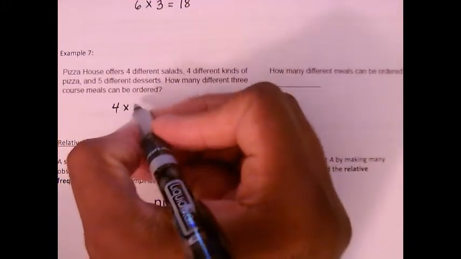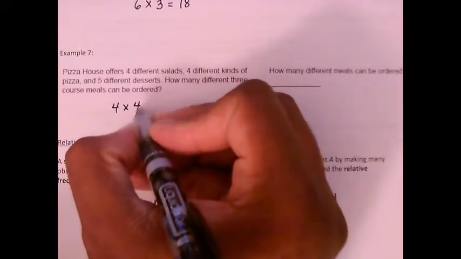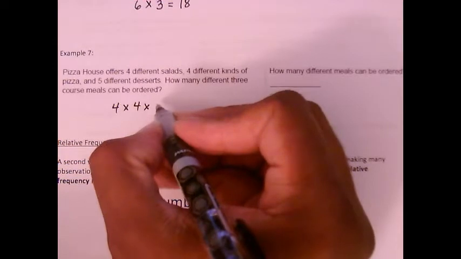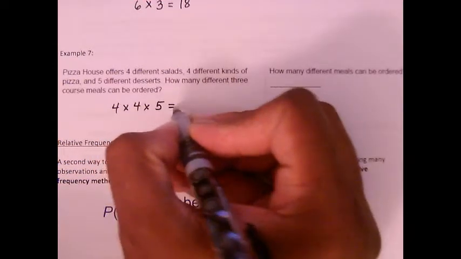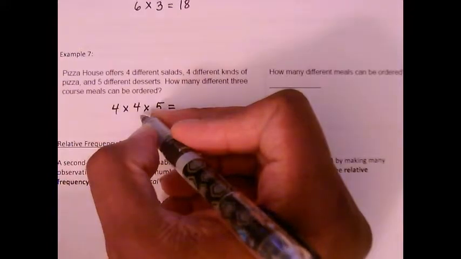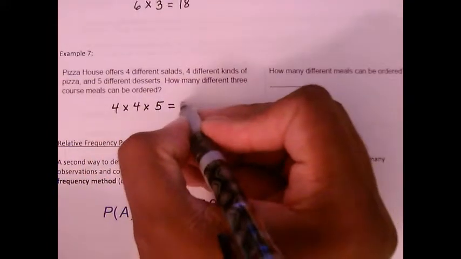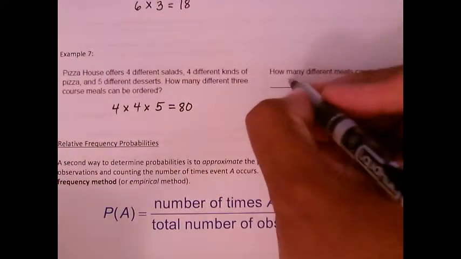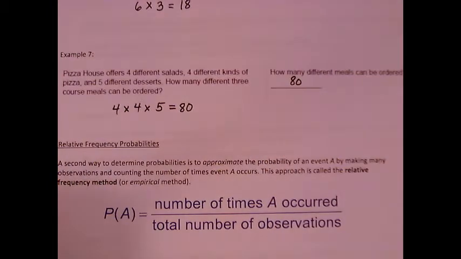We're going to multiply that by 4 different kinds of pizza times 5 different desserts. If you multiply 4 times 4, that will give you 16. 16 times 5 will give you 80. So here we have 80 different 3-course meals that can be ordered.